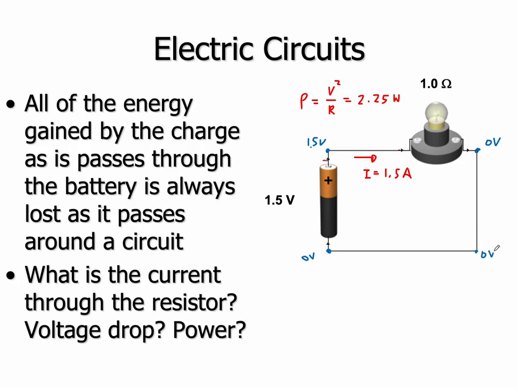We'll talk a little more about that in a second. So how much did the voltage drop? It was 1.5 volts just before it went into the light bulb. It was 0 volts after it went through the light bulb. So the change in voltage here would be 1.5 volts. And so you can solve it.